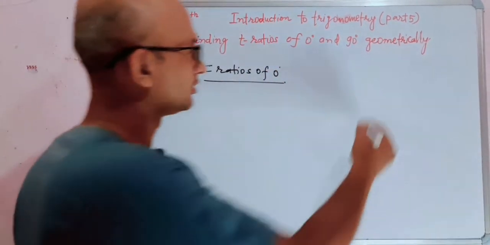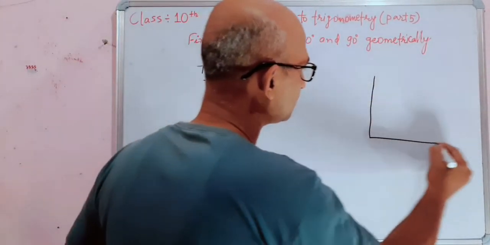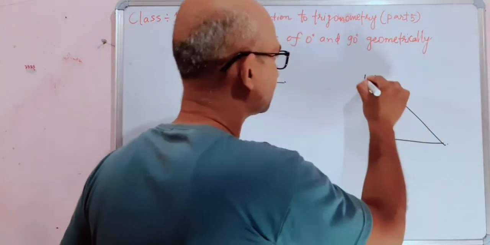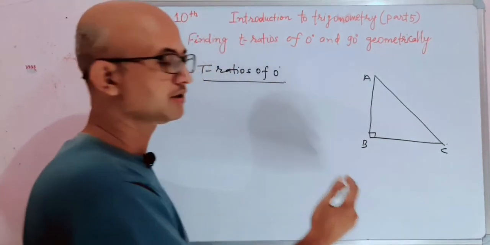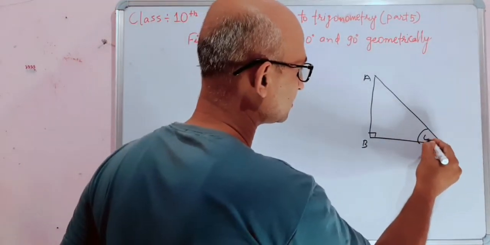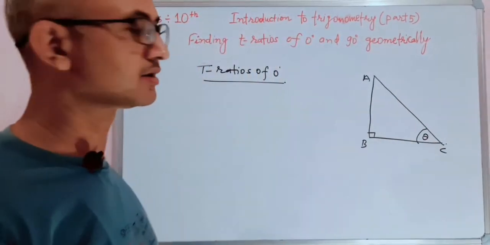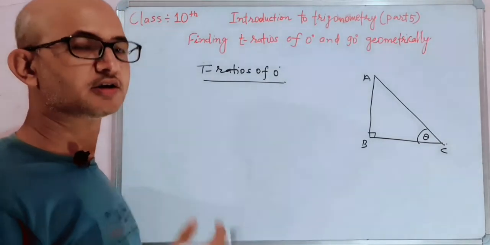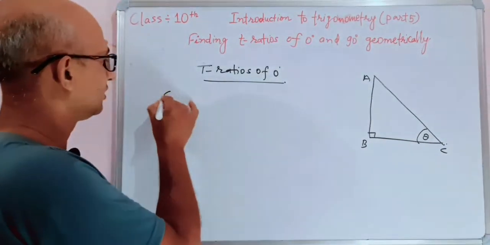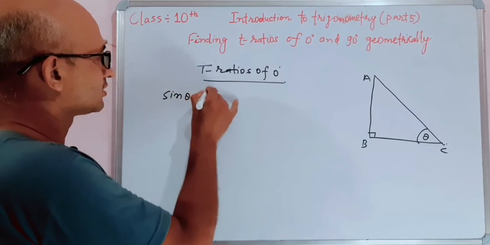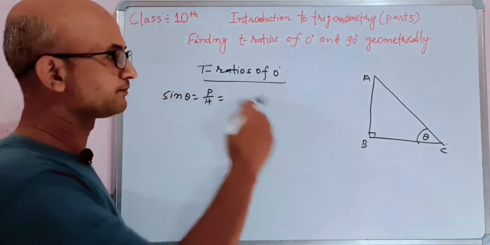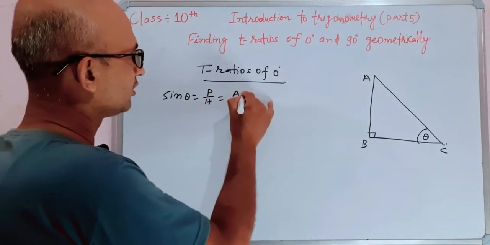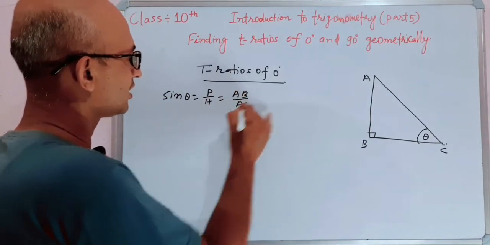For that, we draw a right angle triangle ABC in which angle B is 90 and angle C is theta. As we have learnt in our previous video, sine is the ratio of perpendicular and hypotenuse, and for theta, we have perpendicular AB and hypotenuse AC.